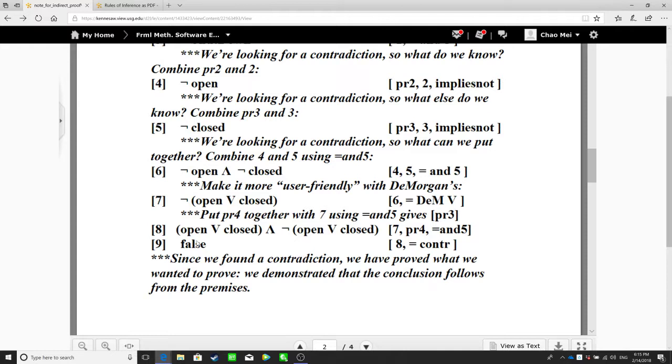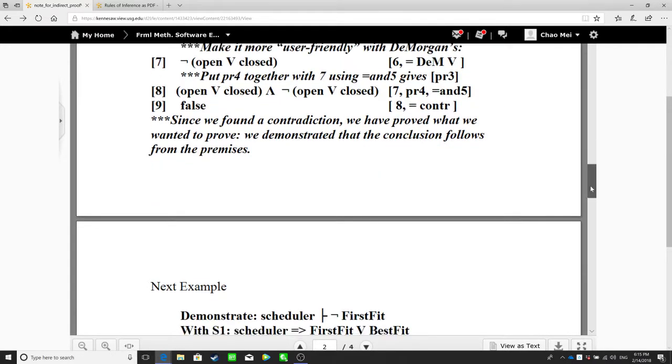So that's a false. It's a contradiction. Basically, you play around with those rules, transform them to find these things: negation closed and closed, negation A and A. Those make them become true or false.